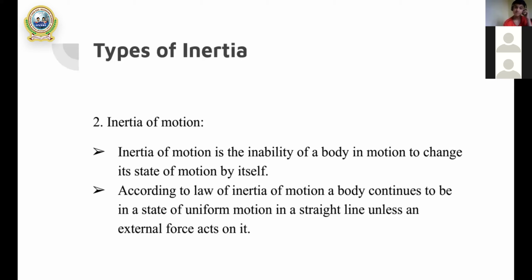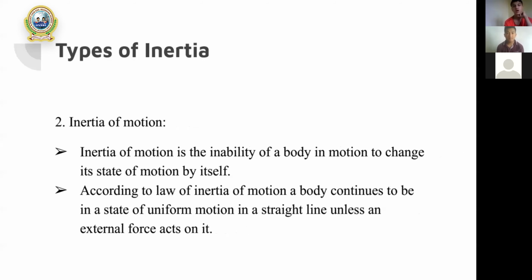That is the property by which a body always stays in motion if it is already in motion. This is the definition and meaning of inertia of motion. That means the body is already in motion; only then can we say the body is in the condition of inertia of motion.